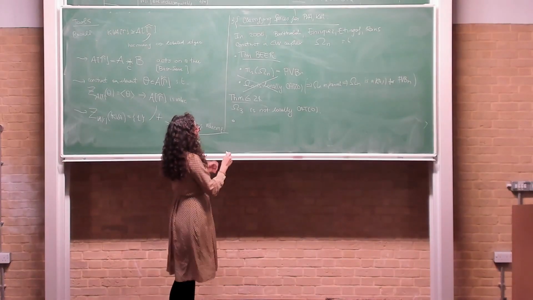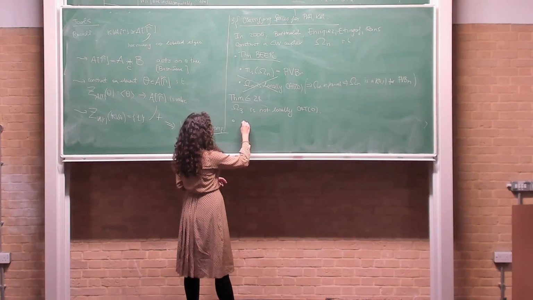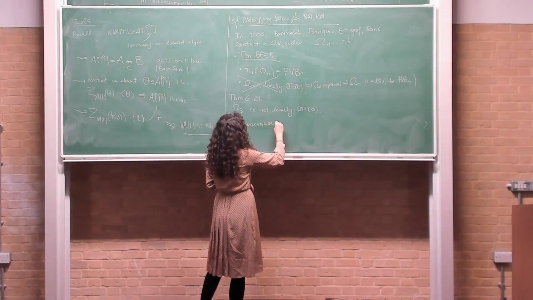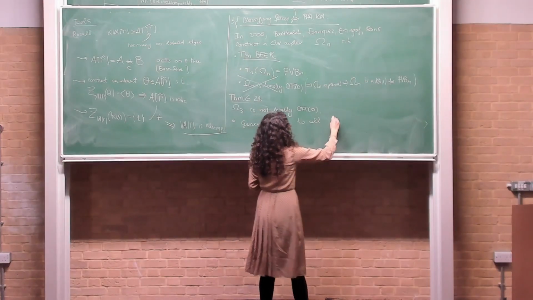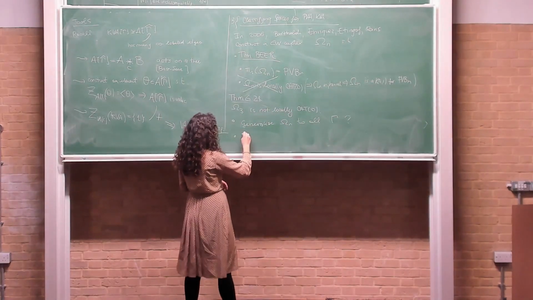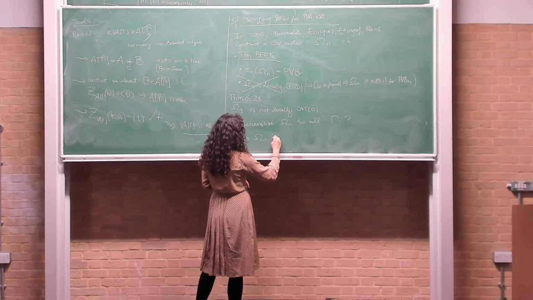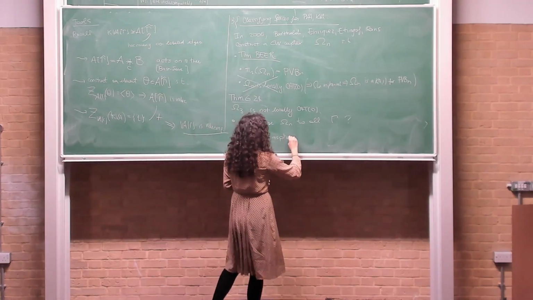So after this, we have 2 questions. The first question is if we can generalize omega n to all Coxeter graphs. And the second question is: is this omega n aspherical? So is it a classifying space?